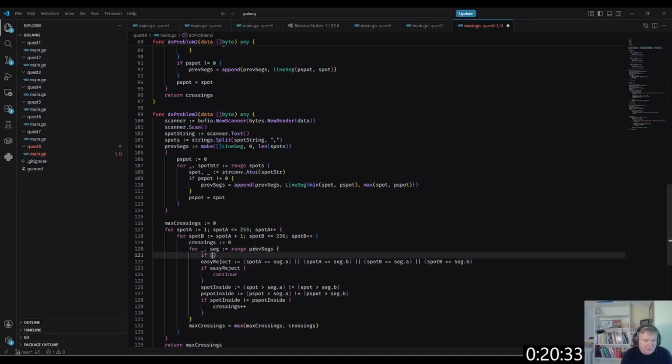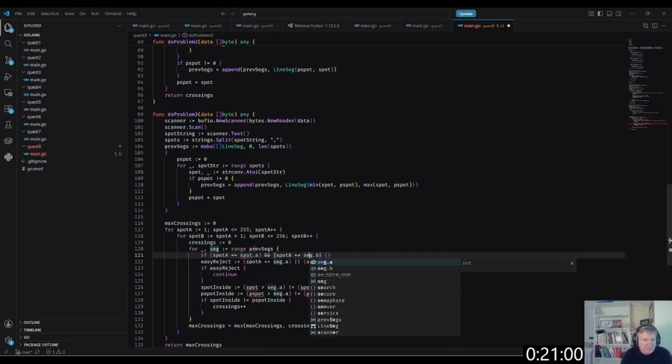If spot A equals spot dot A, spot B equals spot dot B. This is seg.